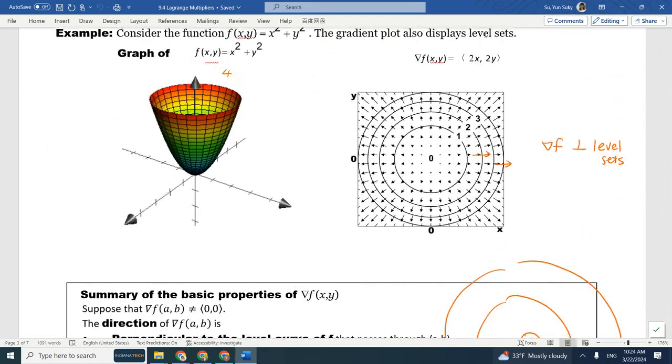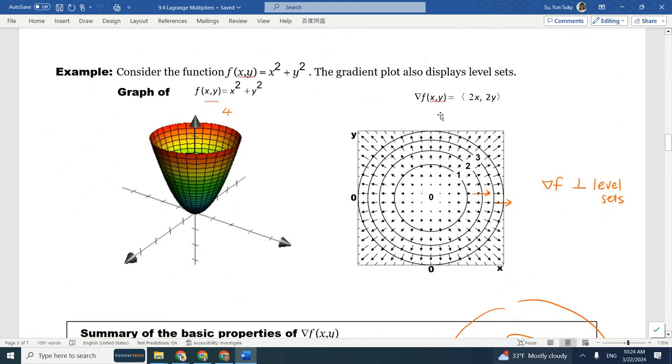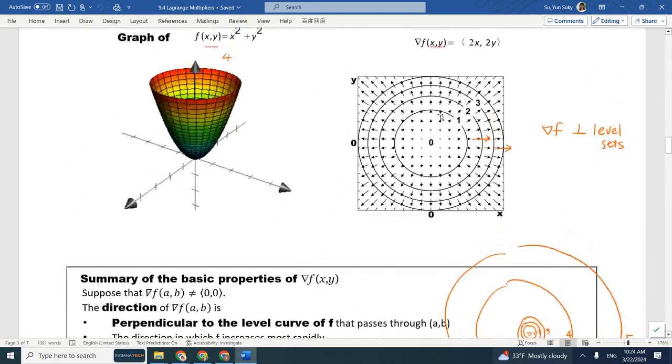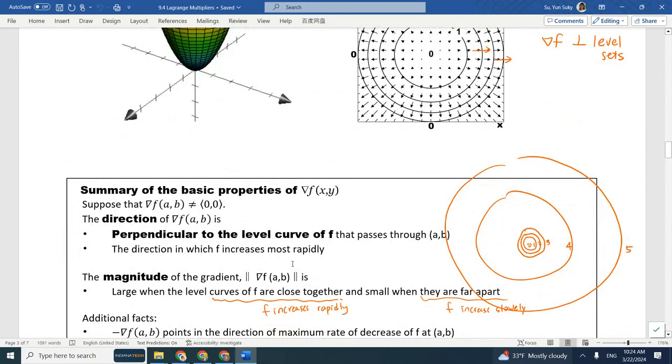And we know the gradient is a vector field. So at every point on the xy plane, you plug in and you get a vector. That's why you see a lot of arrows there. This gradient vector points in the direction where f increases the fastest. And the magnitude of the vector is bigger if f increases more rapidly.